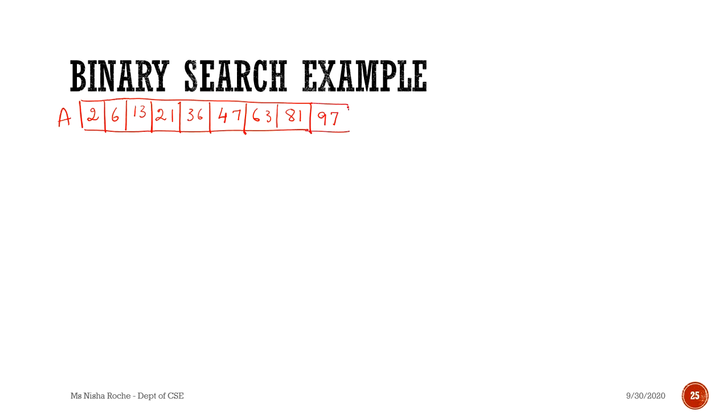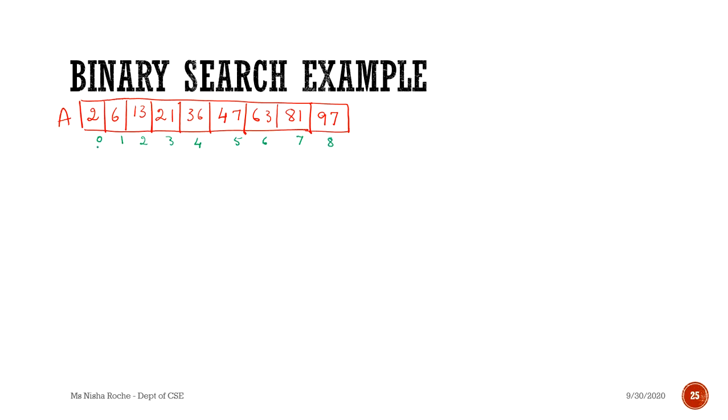So these are the elements of the array. Let the index of the array begin at 0. So 0, 1, 2, 3, 4, 5, 6, 7, 8.